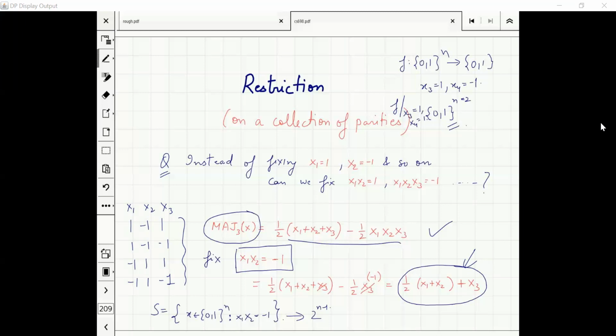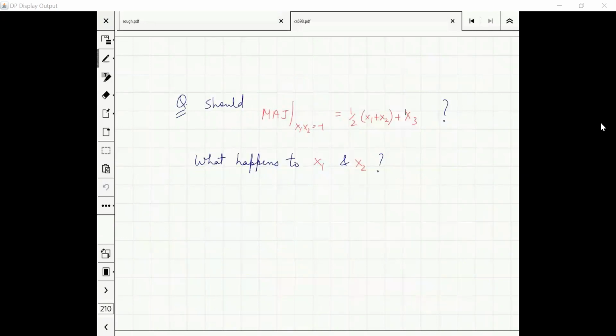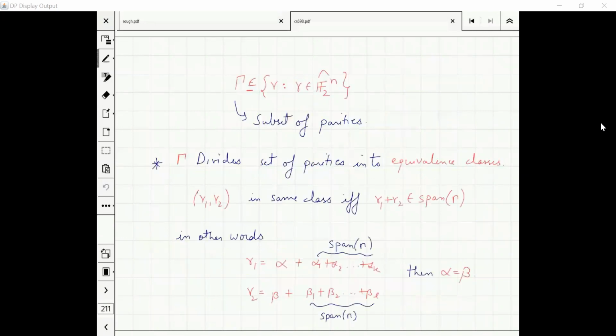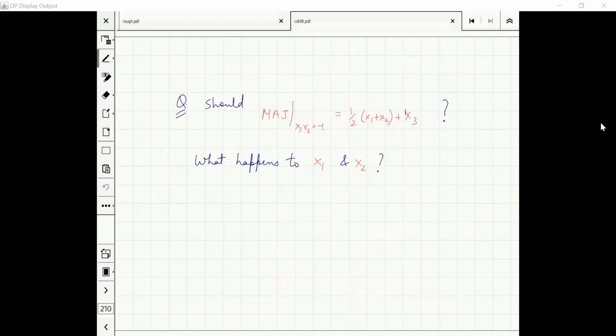Okay, right. Another way to think about this is that x1, x2 is equal to minus 1. That means x1 is equal to minus x2. Correct? And you can substitute even that relationship. So what happens to x1 and x2?